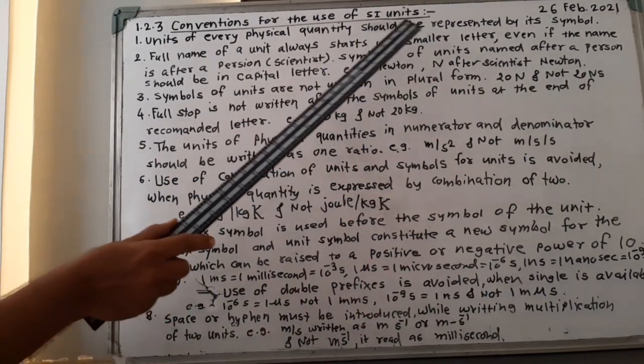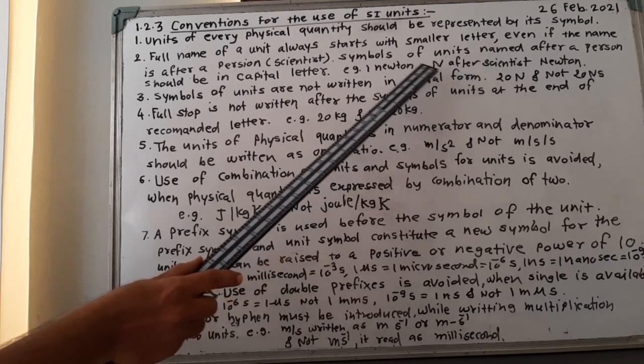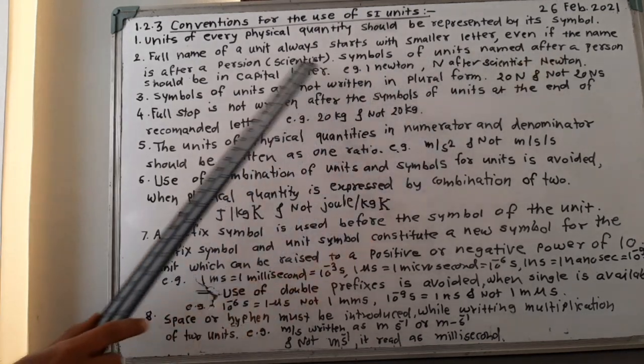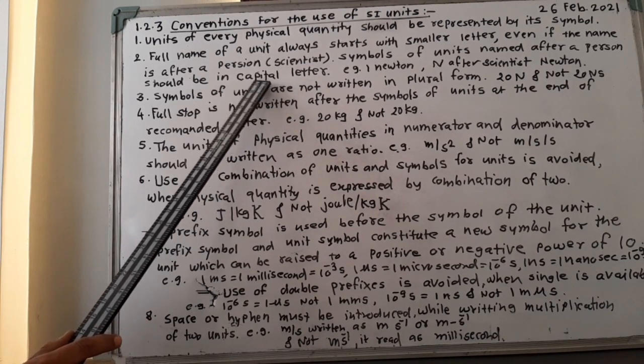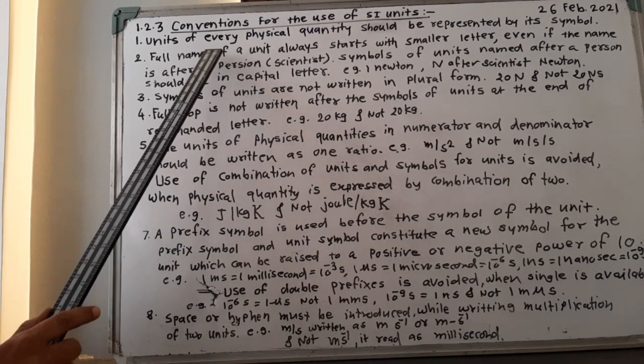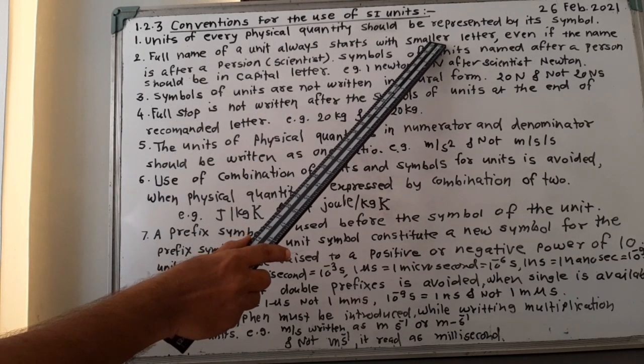Because Newton is the name of a scientist, the symbol of the unit named after a person should have a capital initial letter. While writing the full name, you are writing the initial letter small.